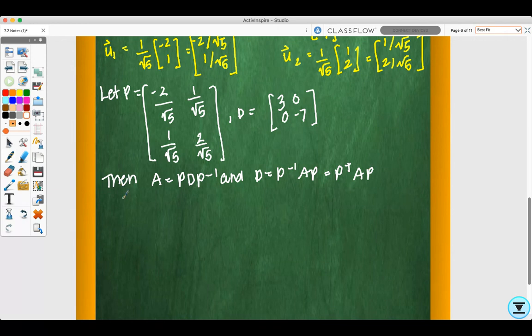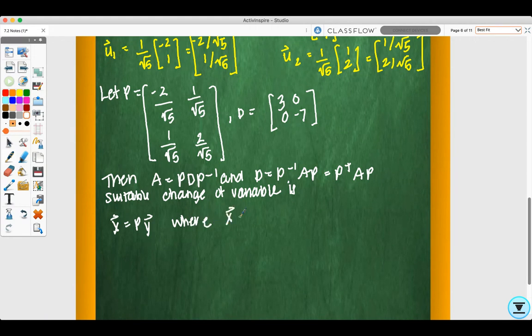Which is a suitable change of variable, is as follows. So vector x equals Py, where x is (x1, x2) and y is (y1, y2).